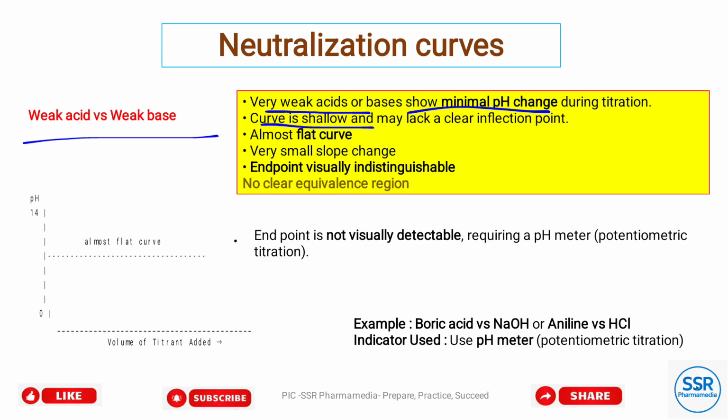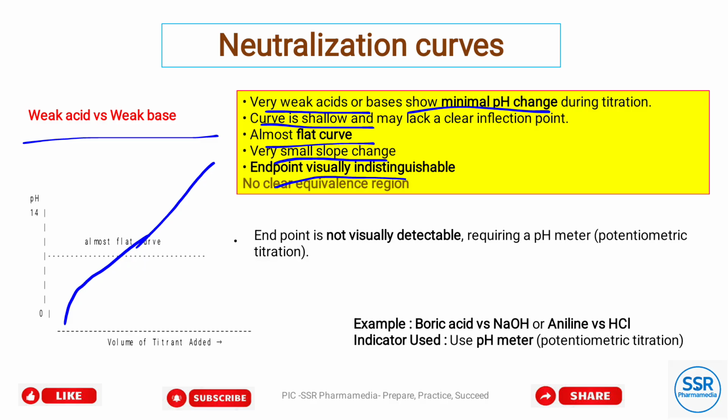The curve is shallow and may lack a clear inflection point. It is almost a flat curve, with very small slope change. The endpoint is visually indistinguishable. So there is no clear equivalence region.